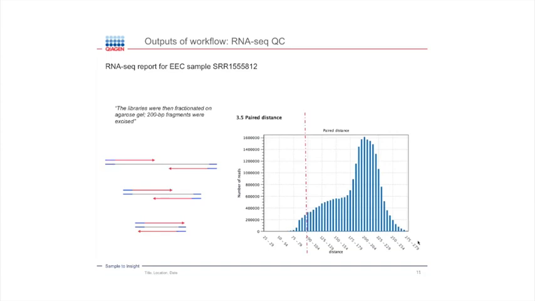The second interesting thing to look at here is the paired end distances. And the way of thinking about this is that if my fragments of RNA are represented by these gray lines, then I've got some adapters ligated on the ends, and then my reads start at the ends.